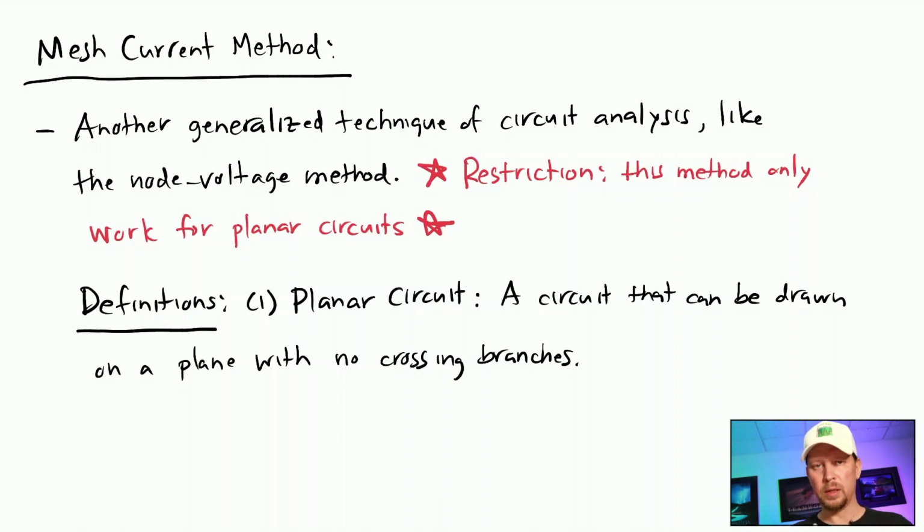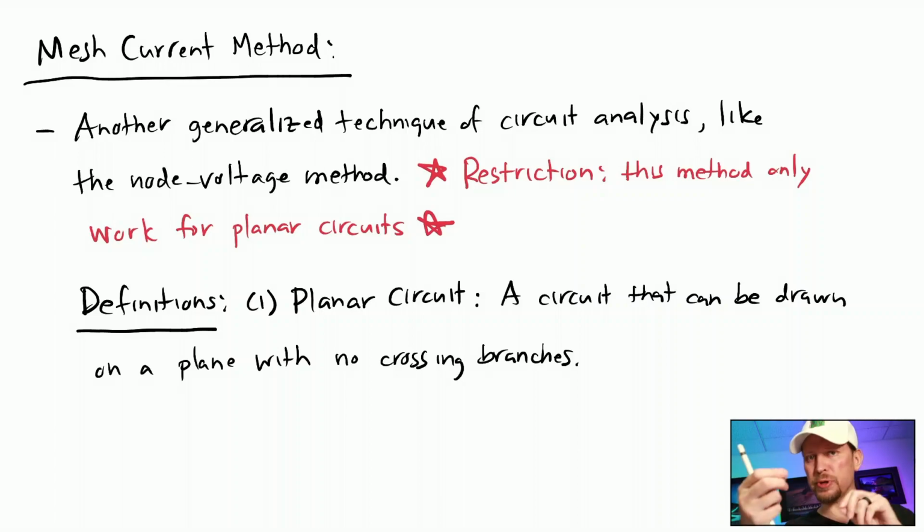In other words, if you can draw it on a plane and you don't have any overlap between branches, it's a planar circuit. Now, sometimes it's tricky to tell whether something's a planar circuit or not. But one kind of circuit that might be a non-planar circuit is, imagine you had a set of resistors all along the edges of a three-dimensional cube. No matter how you squash that cube onto a plane, there will always be branches that overlap.